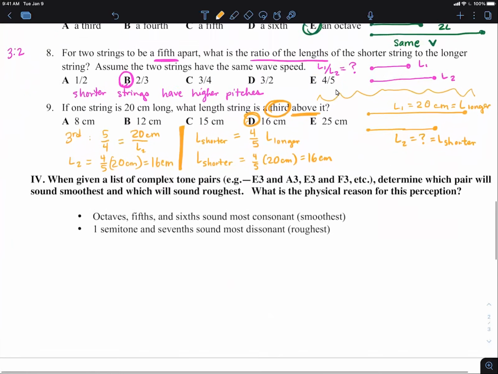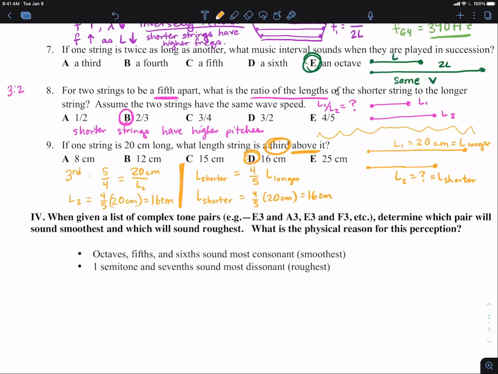And then this complex tone pairs question, wondering which ones will sound smoothest and roughest. Let me try to draw my little keyboard again. I should have just drawn it bigger at the beginning.